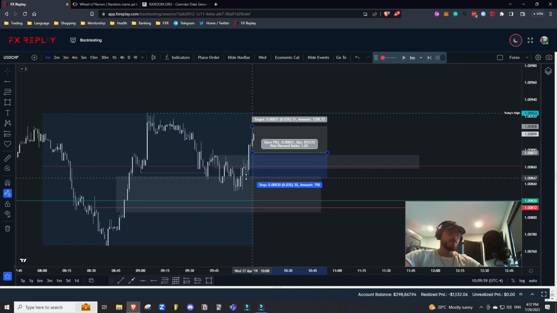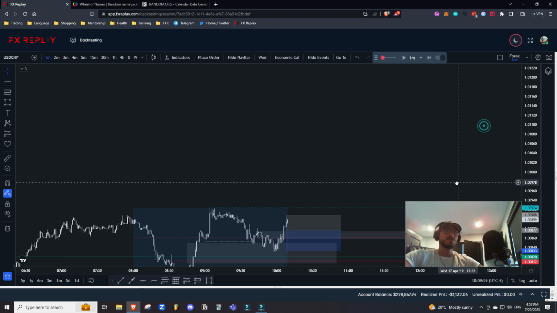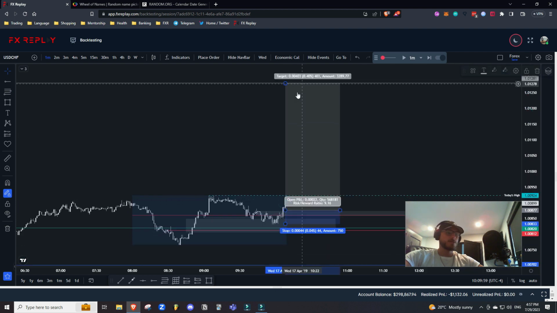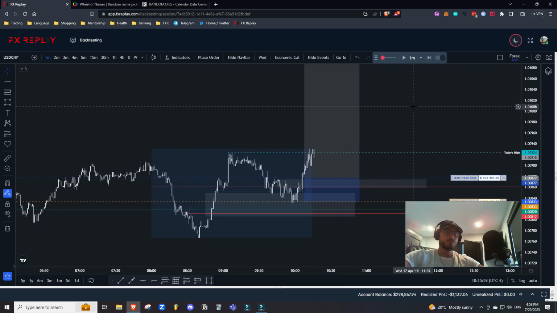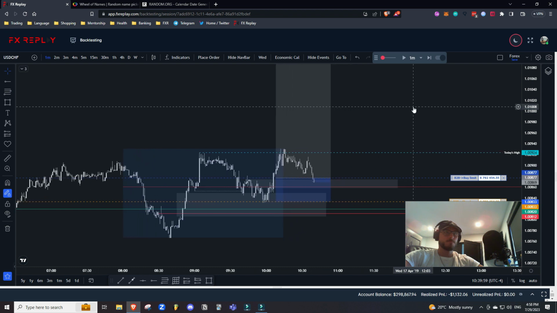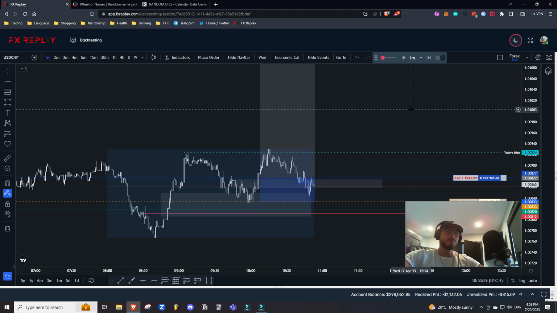We could probably put our stop below here, but I'll just put it below here for safety. And again, let's see if we can get a late rally up into this high up here. Okay, got a little shallow raid through it.